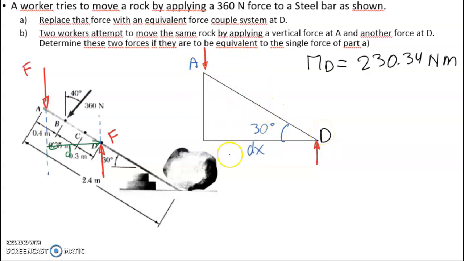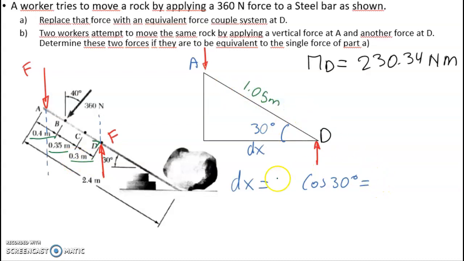So we calculate dx. Dx is going to be equal to the hypotenuse times cosine of 30 degrees. What's going to be the hypotenuse? For this situation, the hypotenuse is going to be the addition of 0.4 plus 0.35 plus 0.3. That means 1.05 meters.